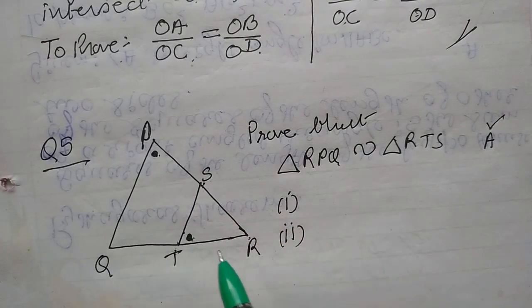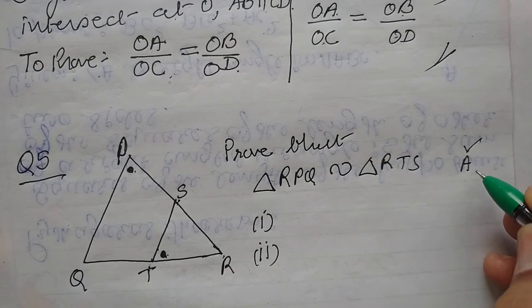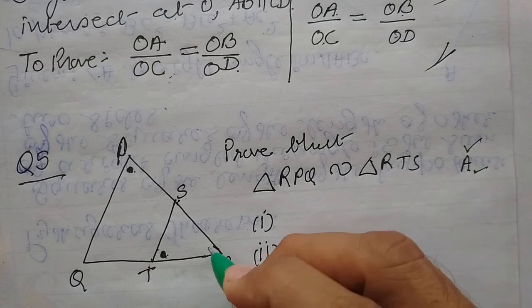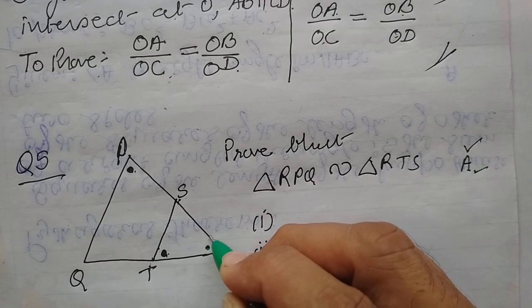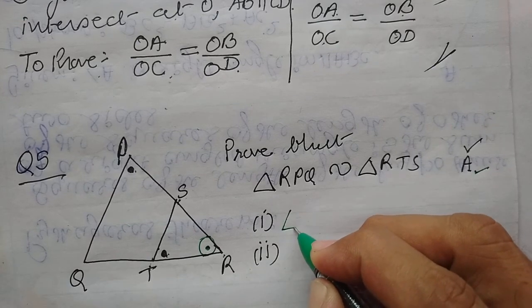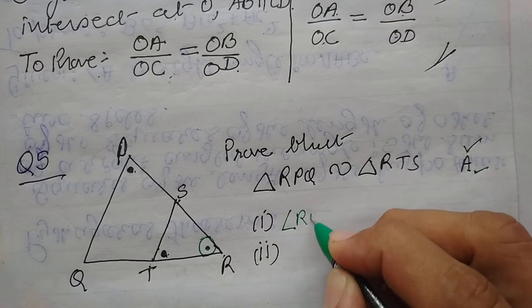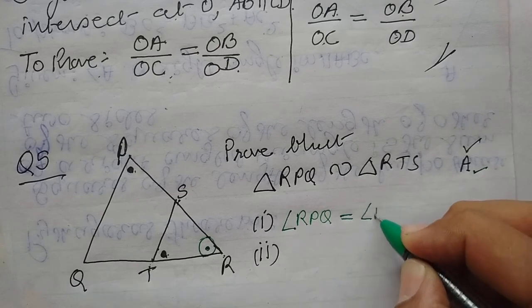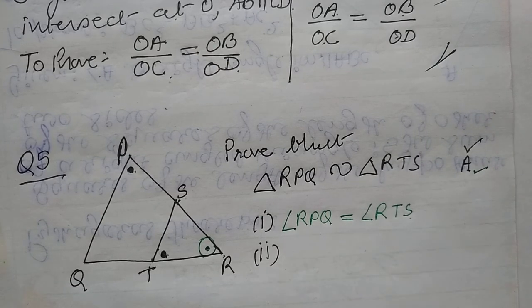So by AA condition, we have one angle. Now, children, this is a common angle, this angle. So we can write this way, children. Angle RPQ is equal to angle RTS.